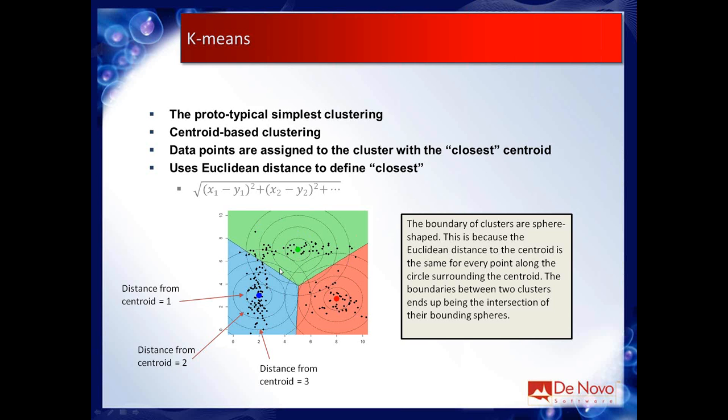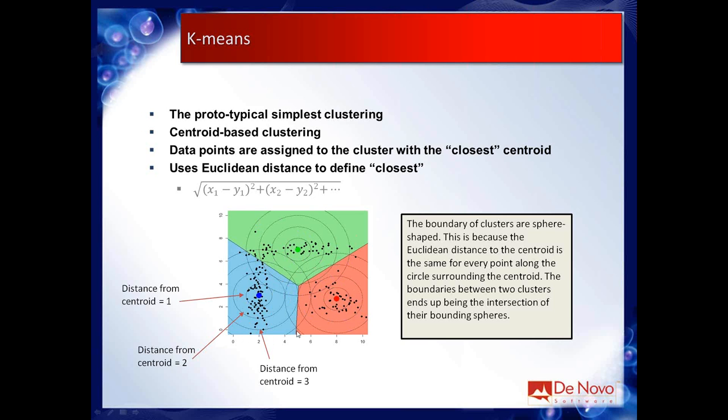But see, I've got these centroids here, here, and here. And these circles I've drawn around them are just an equal radius around the centroid. So any data point that would lie along this circle would have a distance of 1 from this centroid, a distance of 2 from the centroid on this circle, and 3.